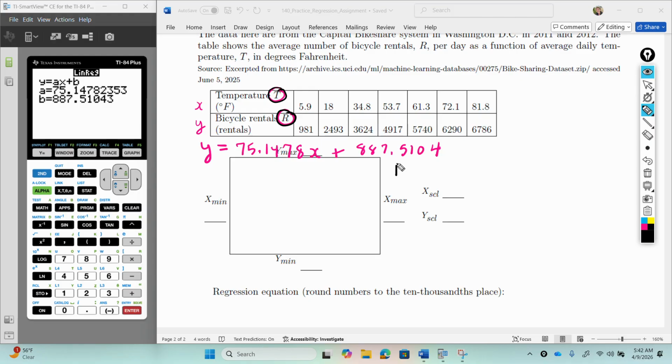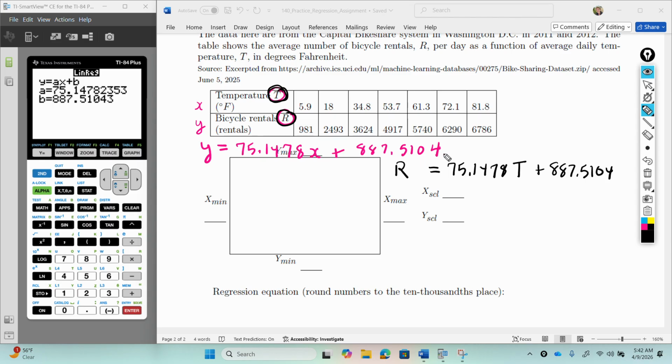Let me write it here. And I'm going to leave a bit of a space there because you're going to see what I'm going to do in a minute. Then 75.1478. And then instead of X, I'm going to write a capital T. And then plus 887.5104.